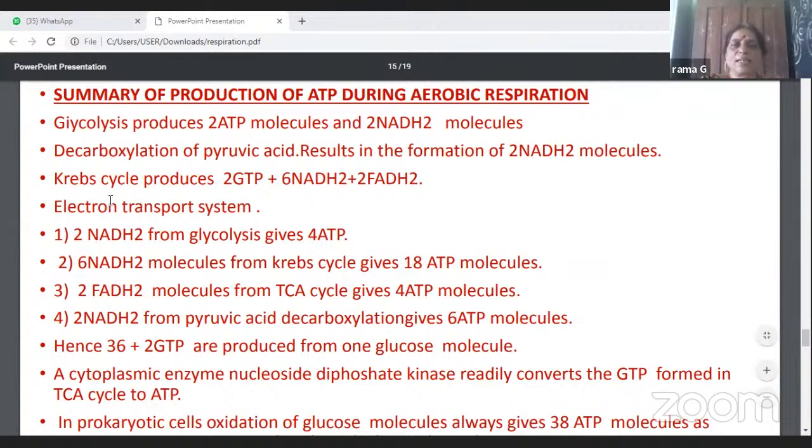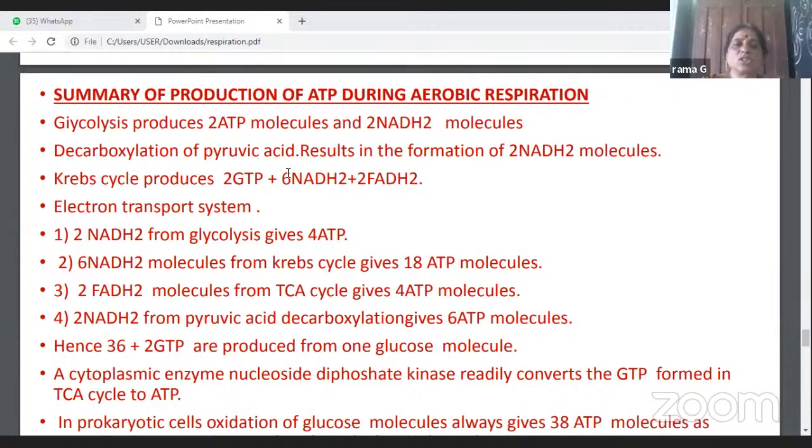Okay, then next Krebs cycle. During the Krebs cycle, it produces a number of energy currency molecules, and those are 2 GDP or GTP. GDP is converted into GTP. Then 6 NADH2 molecules and 2 FADH2 molecules.